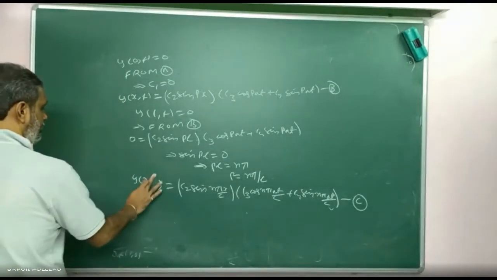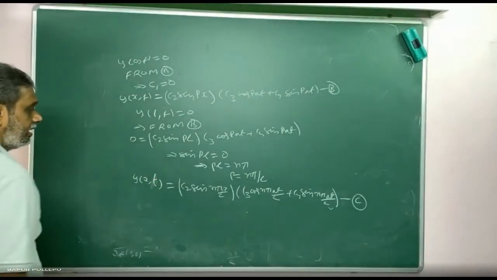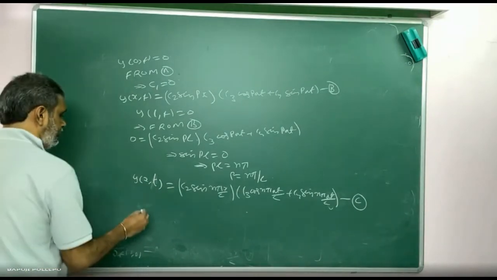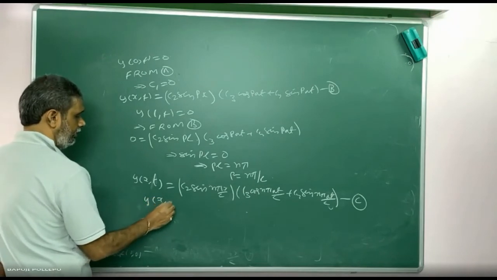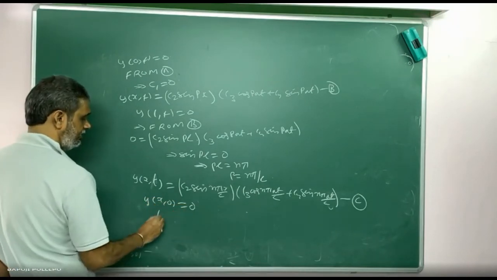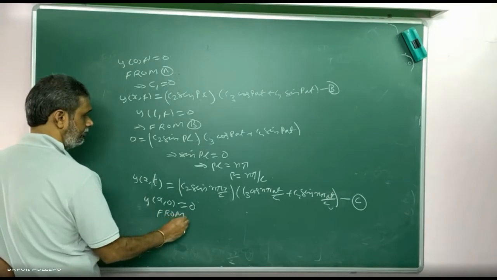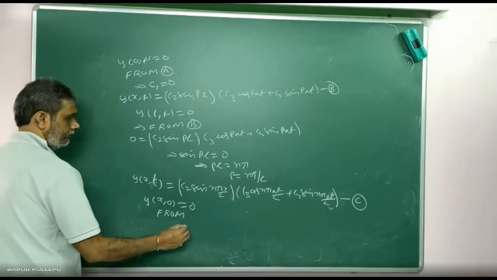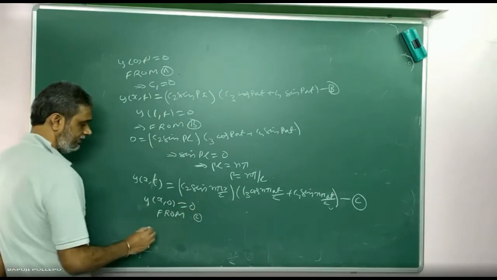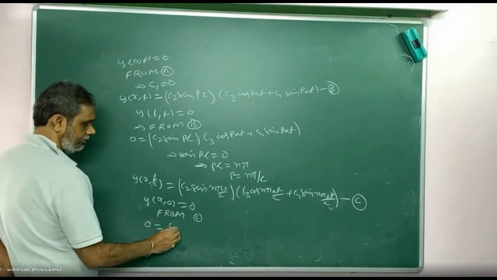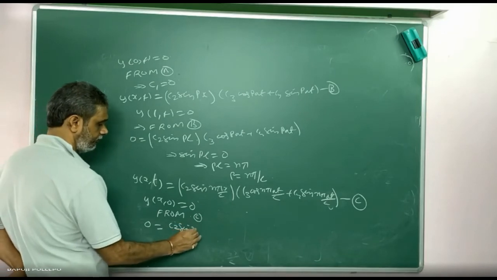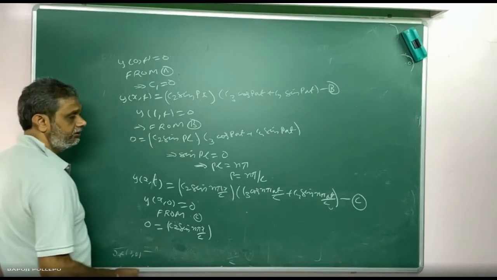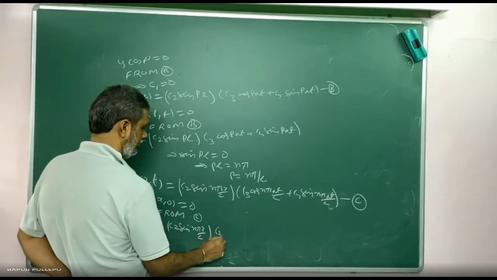Now the next condition is what? The third condition: y(x,0) is equal to 0. Initially displacement 0. y(x,0) means what? From C, whatever you get, 0 is equal to C2 sin(n pi x by L) times C3.